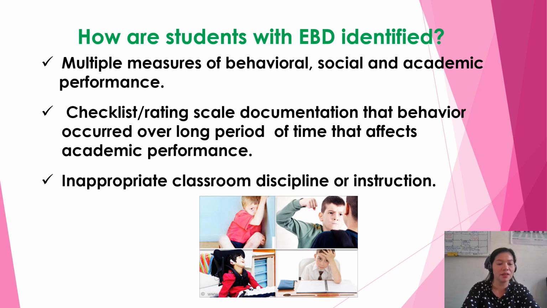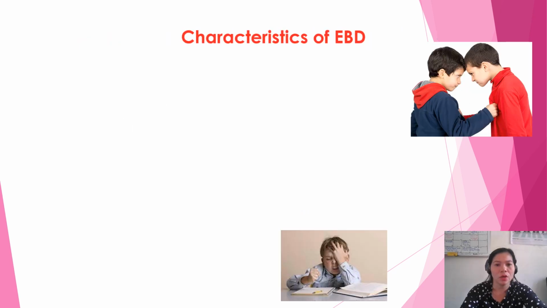Checklists and rating scales document that behavior occurred over a long period of time, affects academic performance, and is inappropriate to classroom discipline or instruction. What are the characteristics of EBD?